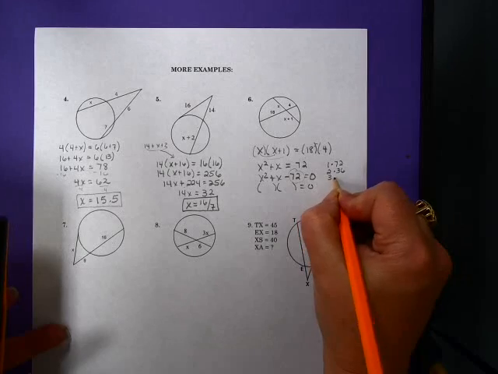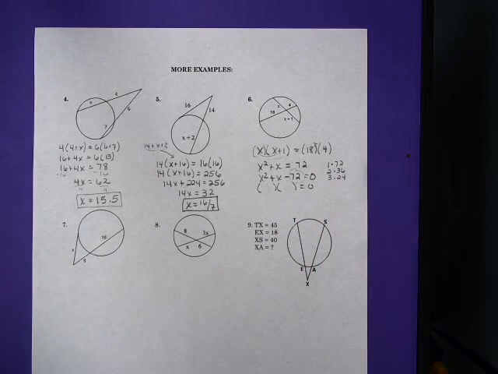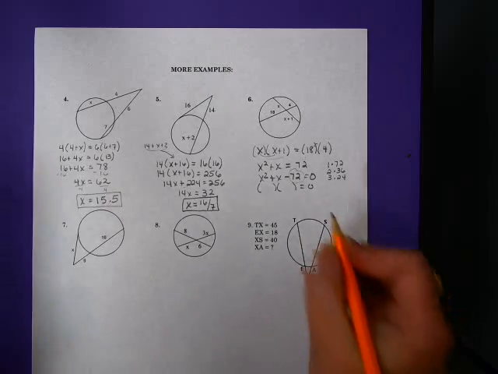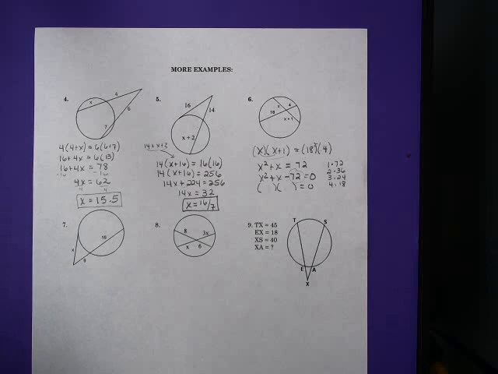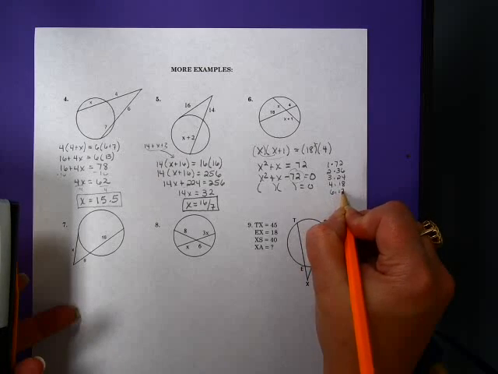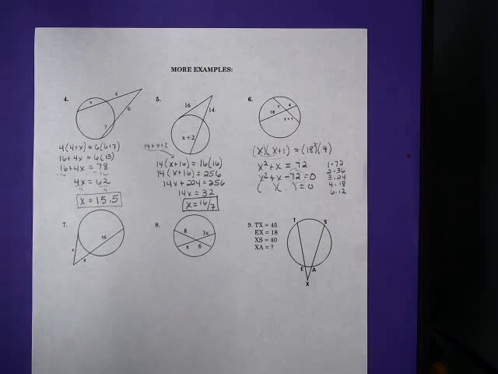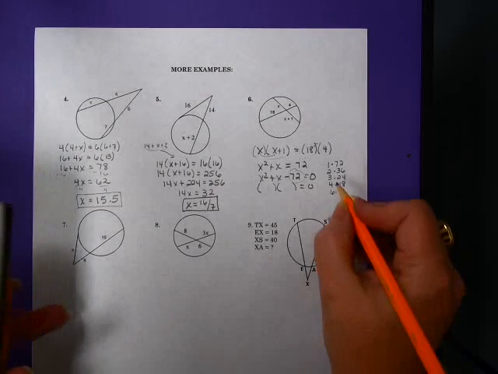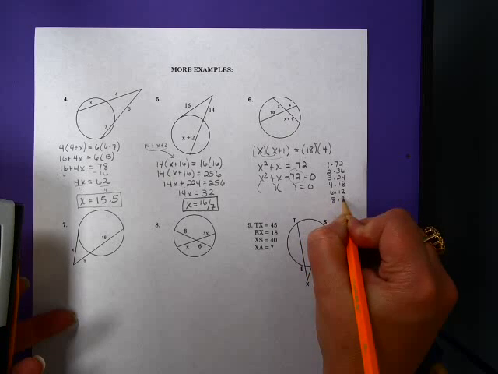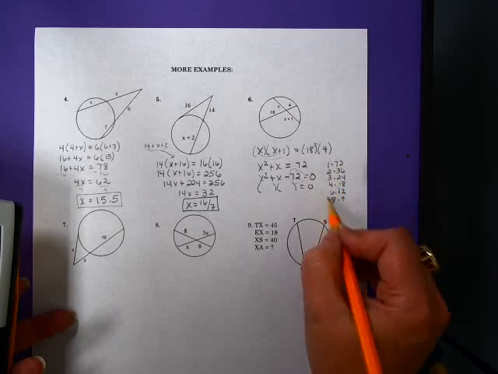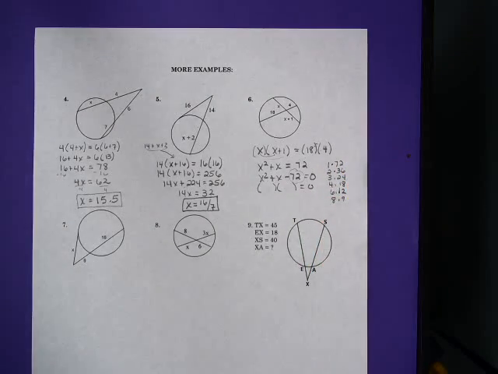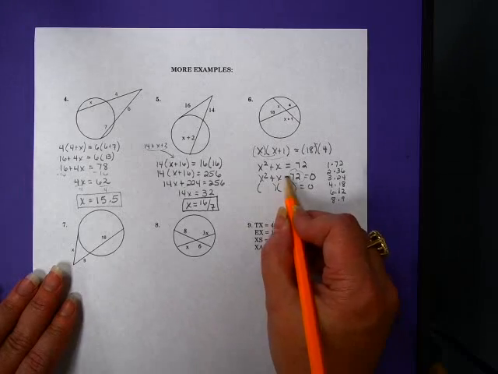Okay, so that's going to be 3 times 24. 72 divided by 4, so 4 times 18 is 72. 5 doesn't go into it, but 6 does. 72 divided by 6, that's 12. And then 7 doesn't go into it, but 8 does. And that's 9. Okay, and so since my next number would be 9 and I already have it, I know that this is all of the factors.